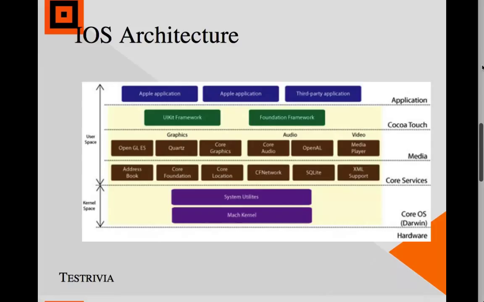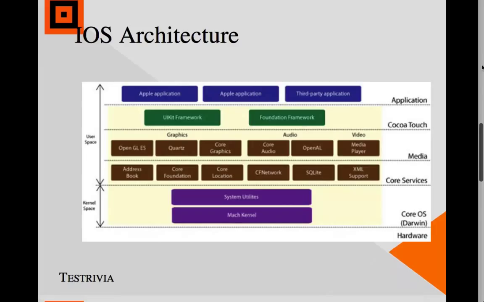So they split it into applications, then the framework, then the media, and the core services like SQLite, XML support or network support, for example Wi-Fi, and foundation libraries and an address book which is integrated there.